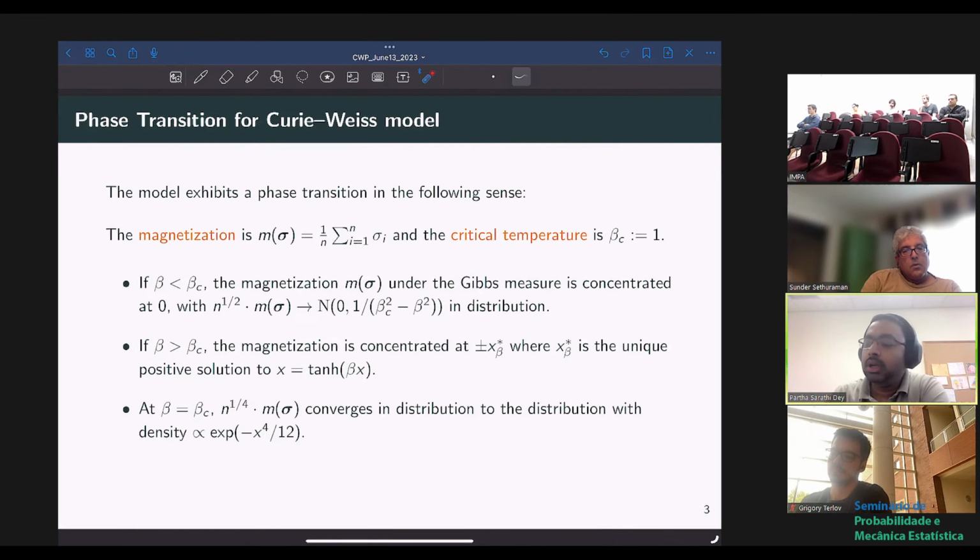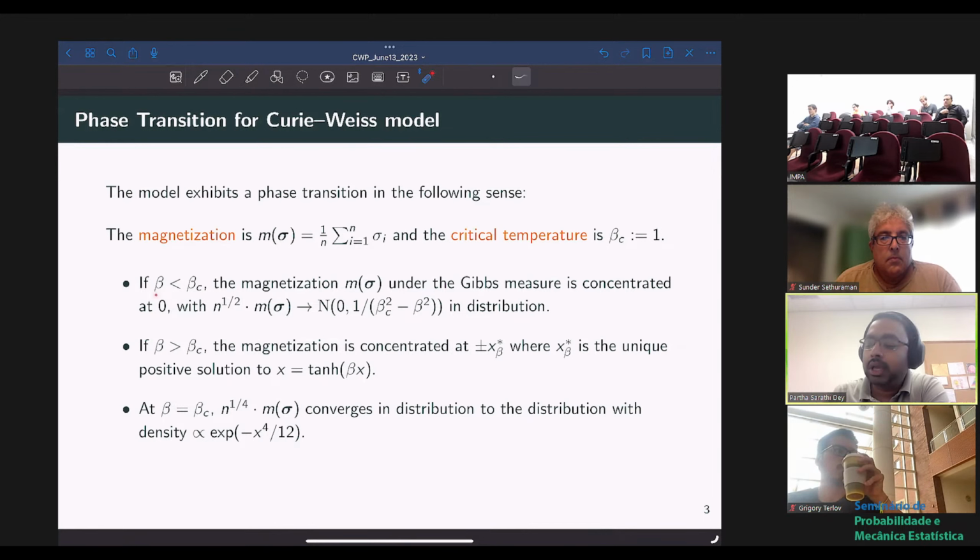For this model, one can actually prove a phase transition as the inverse temperature beta changes. The order parameter here is the magnetization, which is the average spin. In this model, the critical inverse temperature is beta c equal to 1. The phase transition happens in the following fashion.